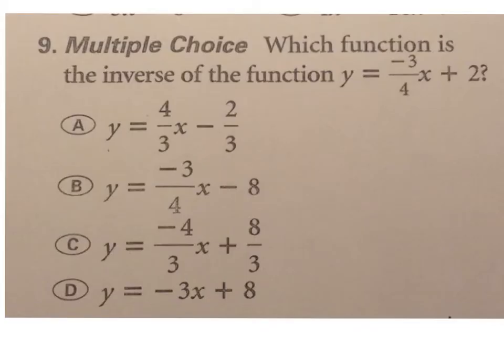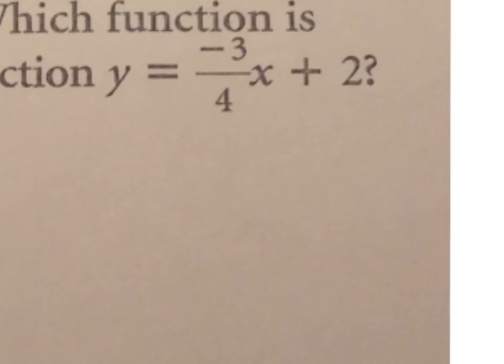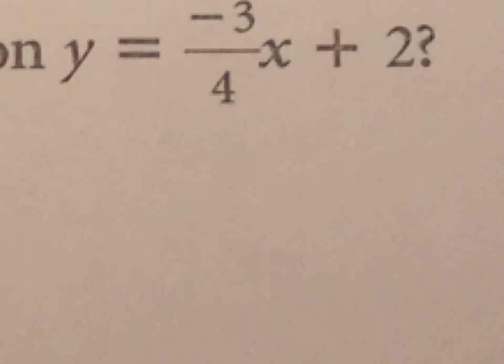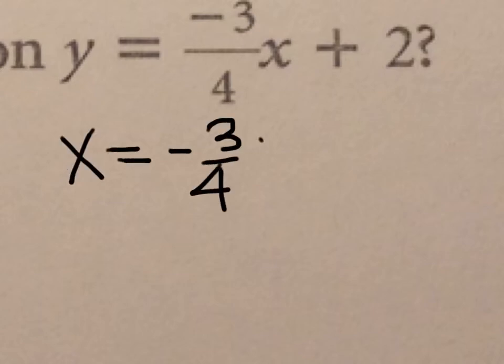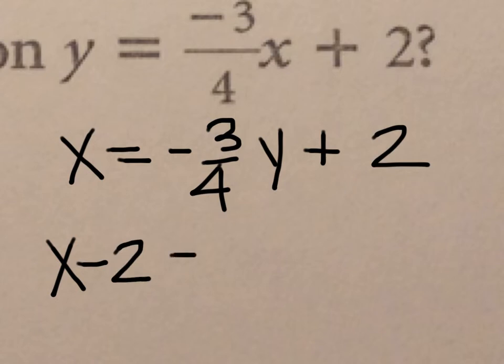Which function is the inverse of the function y equals -3/4 x plus 2? Well, let's find the inverse. So we'll zoom in here, and we're going to switch x and y. So x equals -3/4 y plus 2, and we're going to solve for y. Move the plus 2 to the left, make it minus 2.